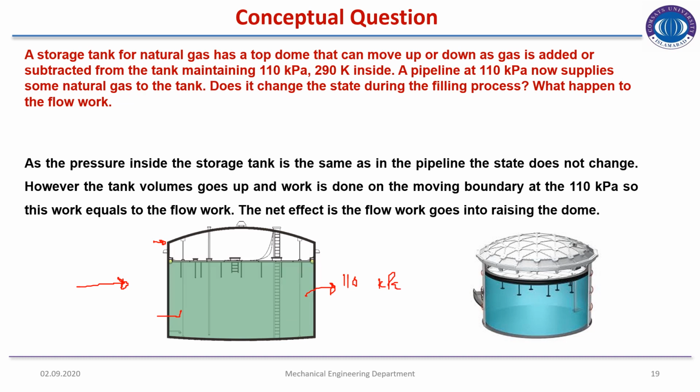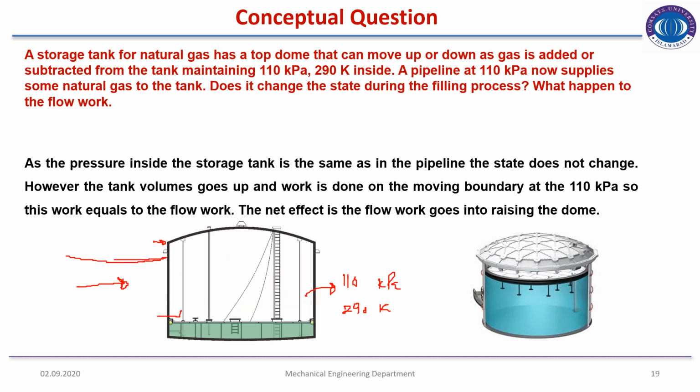A certain pipeline is connected with the tank and its pressure is also 110 kilopascal. So that is the scenario. A pipeline at 110 kilopascal supplies some natural gas to the tank. Does it change the state during the filling process?